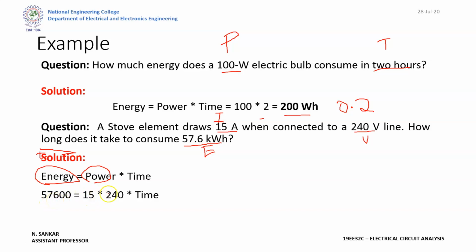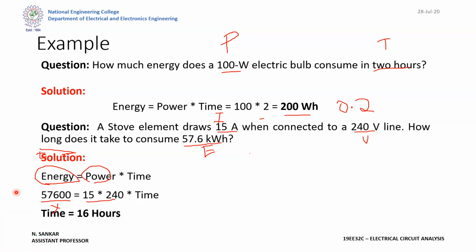Just bring the 15 and 240 to the denominator, cancel, and you will get the time is equal to 16 hours. So if you operate your induction stove for 16 hours, then it will consume this much energy, that is 57.6 kilowatt hours.